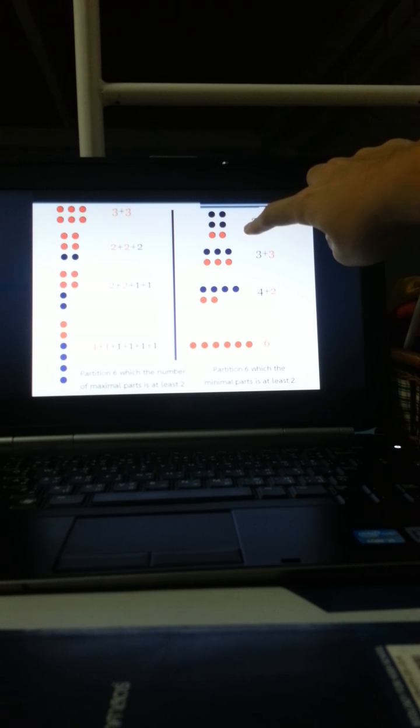And the partitions of 6 in which the minimal part is at least 2 means that the minimal value of the parts is 2. You see the minimal parts are 2, 3, 2, 6. It is much more than 2, which is okay.